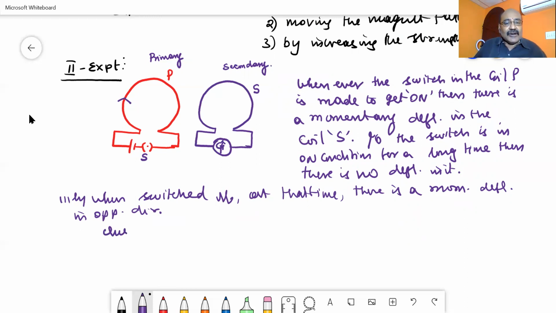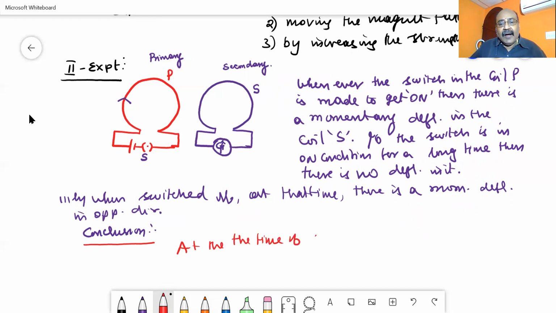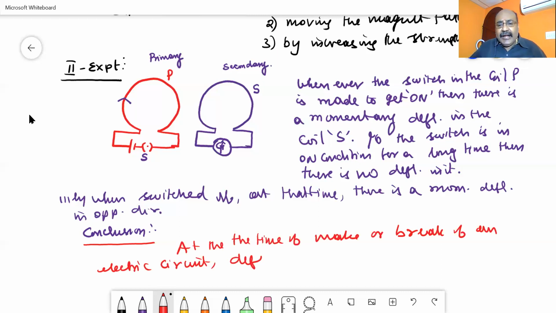So what is the conclusion arrived at? At the time of make or break of a nearby electric circuit, deflection is induced in the neighboring coil, in the galvanometer connected with the second coil.